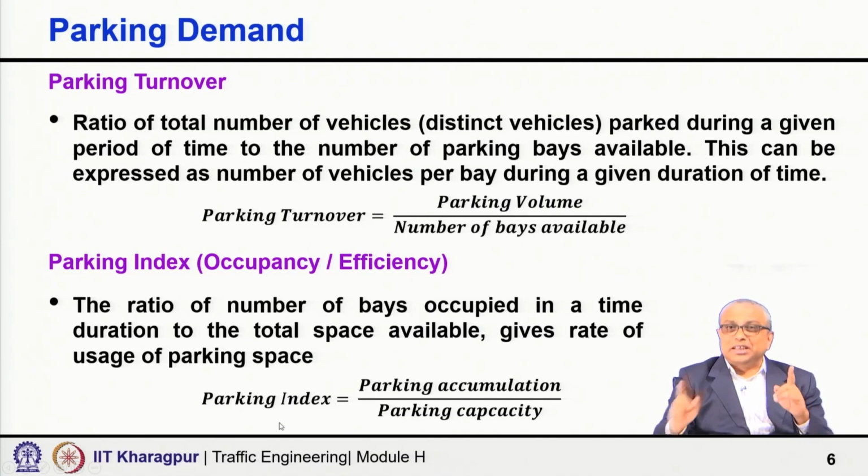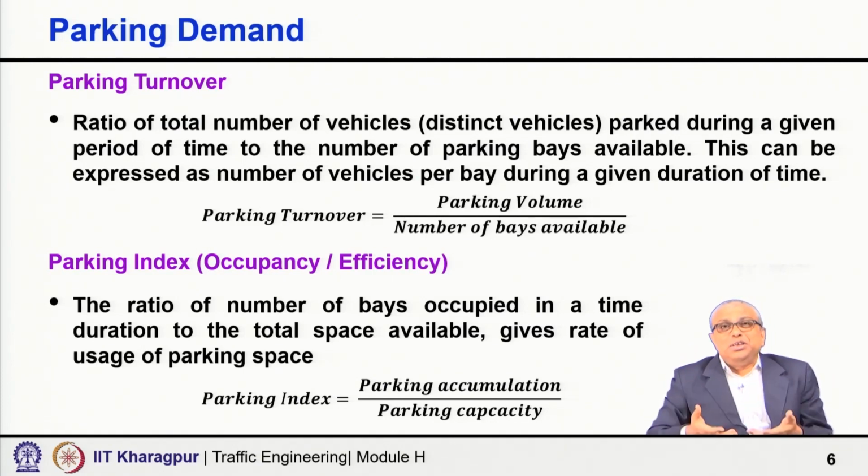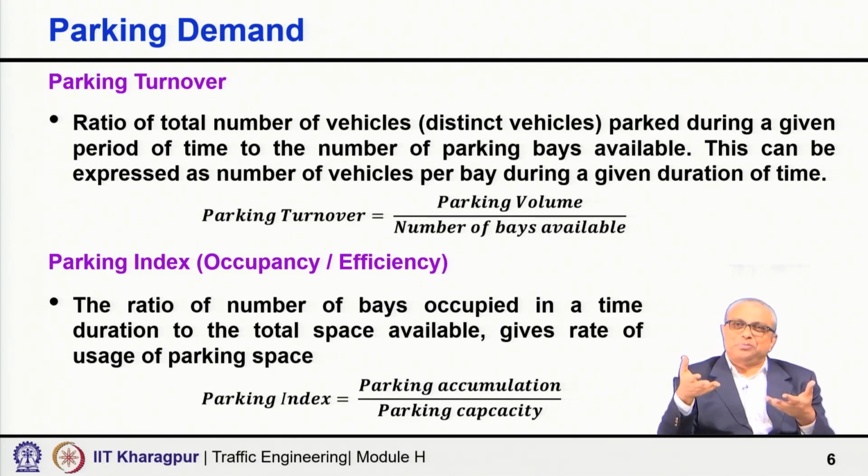That means, at a given instant of time, what is your parking capacity, that means how many bays are there, and what is your parking accumulation, that means how many vehicles are parked at that instant. So, how many vehicles are parked means that many parking bays are actually occupied, divided by how many total parking bays are available. That gives me the parking index or occupancy or efficiency.